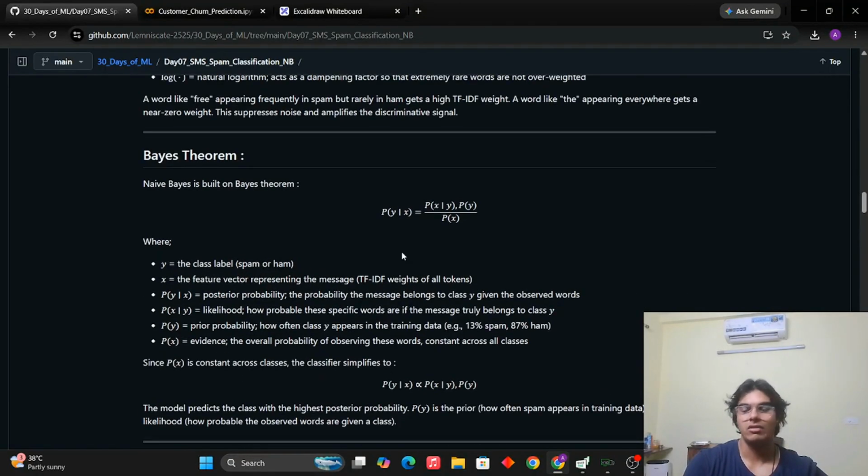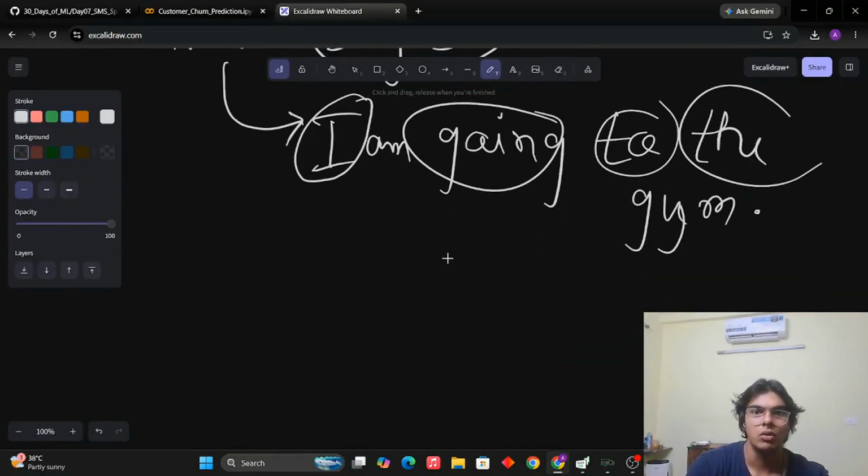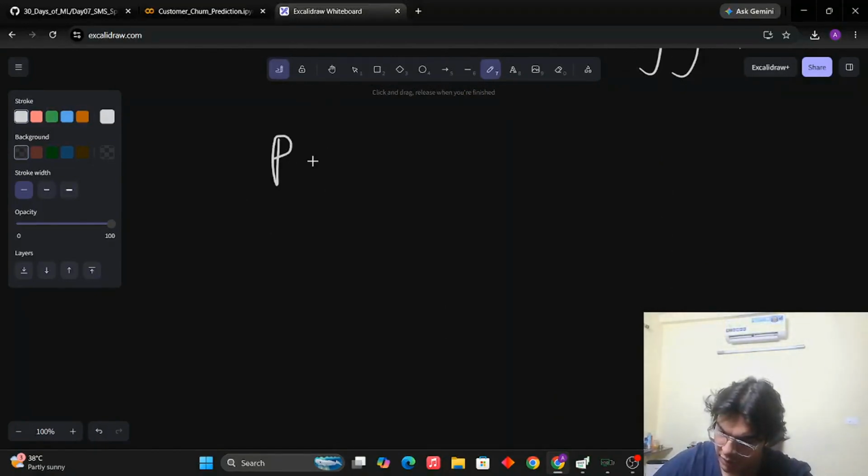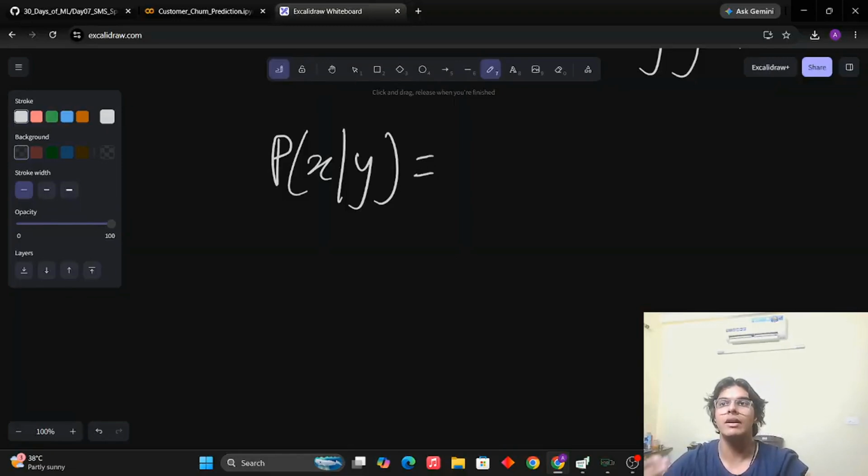Okay. So now let's discuss the Bayes theorem very quickly. You can read it here if you want to. This is the theorem on which the model is based. So we have got the conditional probability formula, which looks like this. This basically means the probability of X given that the event Y has already happened.